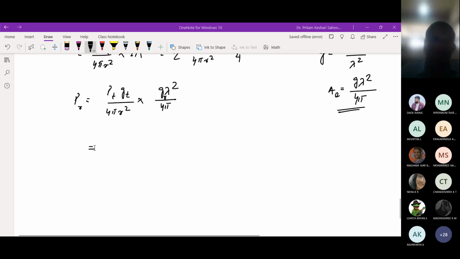So we write this in this particular manner: PT divided by 4 pi r square is the power flux density, multiplied by GR multiplied by lambda square divided by 4 pi.